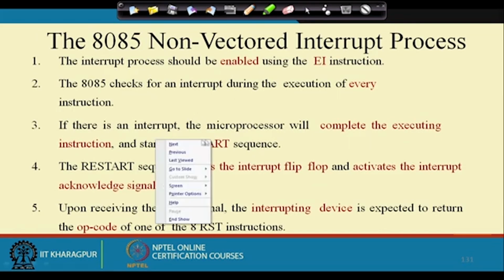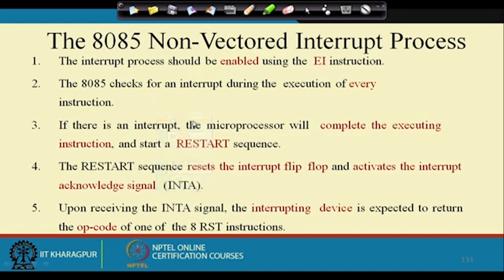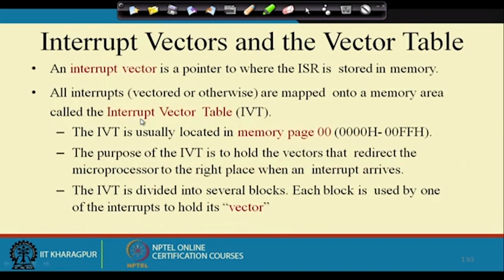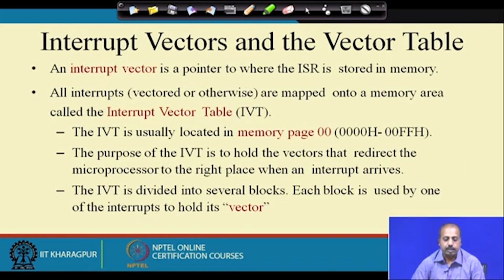I will take an example. Say this interrupt RST 5.5 has occurred. The processor multiplies this value by 8. So, 5.5 into 8 makes it 44.